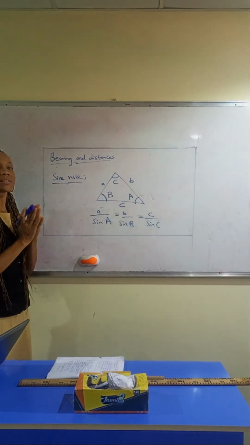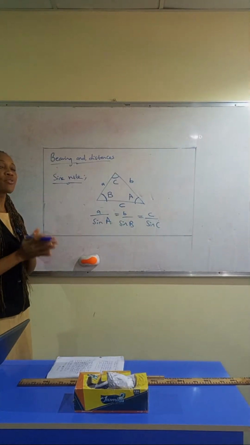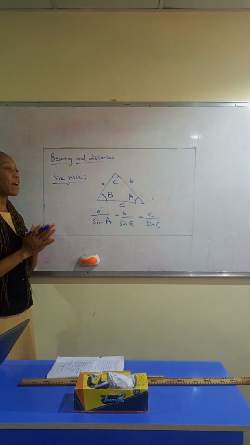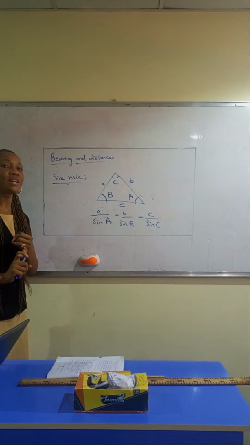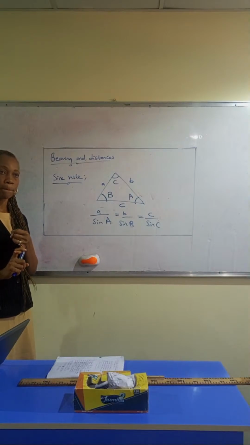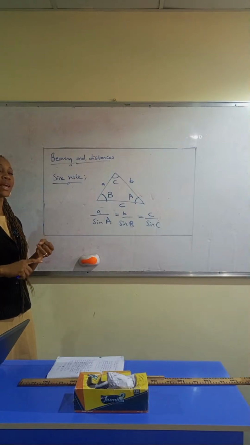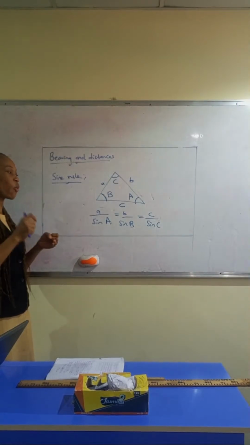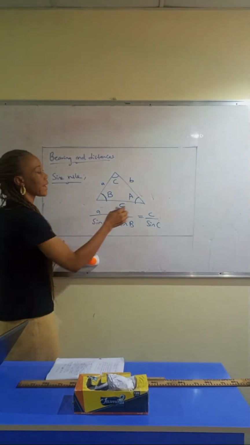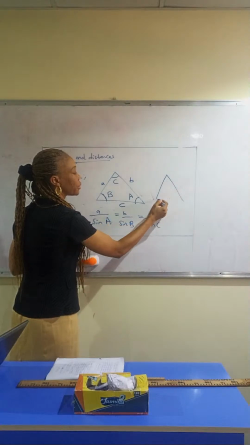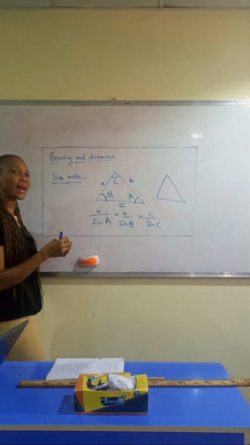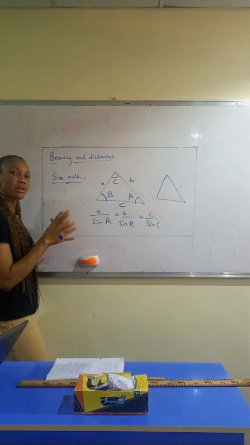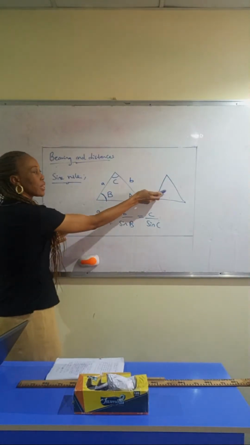If you have this sine rule in mind, whenever you want to solve problems on bearing and distances, one, you need to understand the question. If you understand the question, interpret it in such a way that you will get a triangle. You have to read the question, the word problem, line by line, and sketch out the problem in this form.